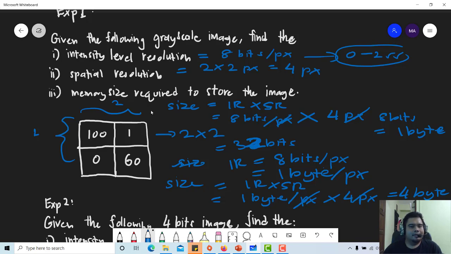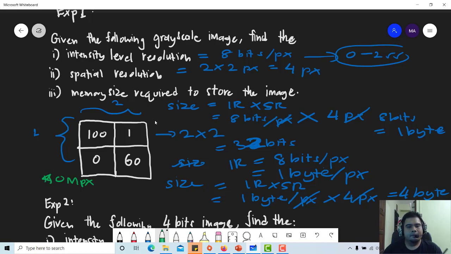Again, like I discussed in the previous video lecture, imagine that nowadays with a digital camera, you can have, for example, a 40 megapixel camera.